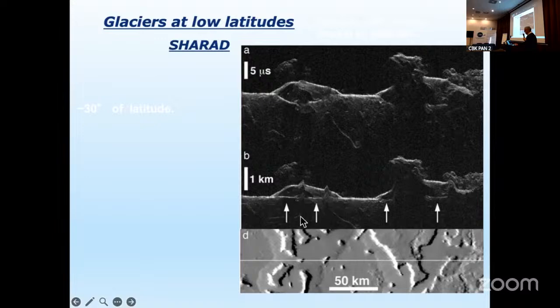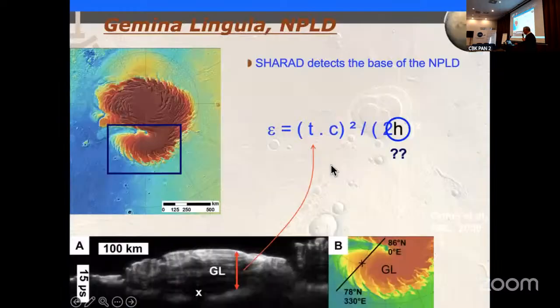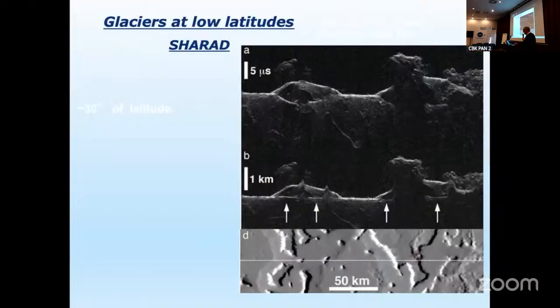This is the glacier in the mid-latitude. This kind of study is possible, but not only. These are the direct observations. We can interpret this in different ways, but here we observed part of Mars.